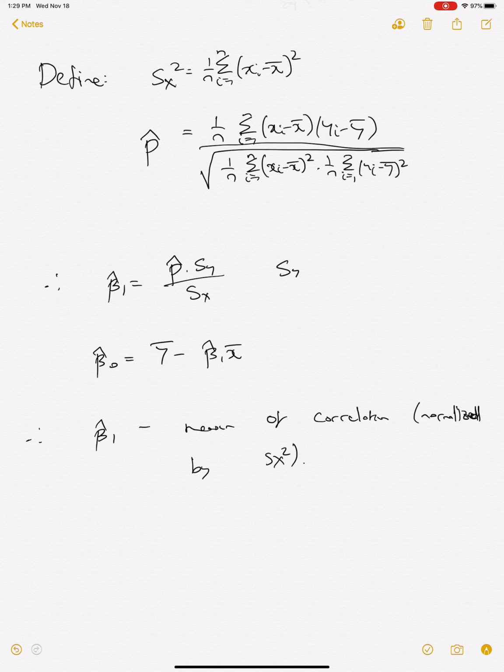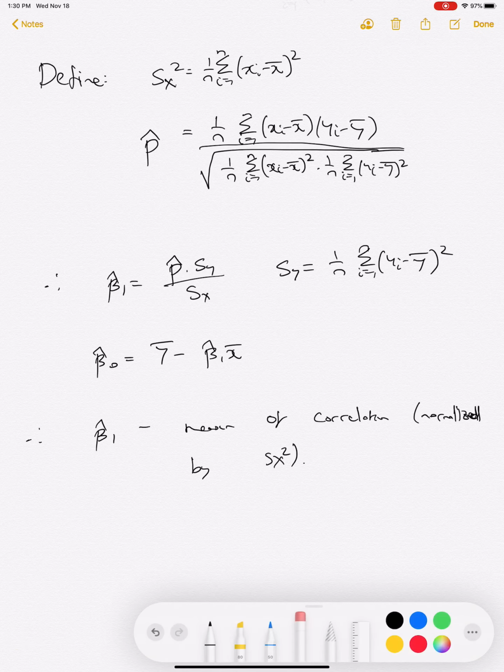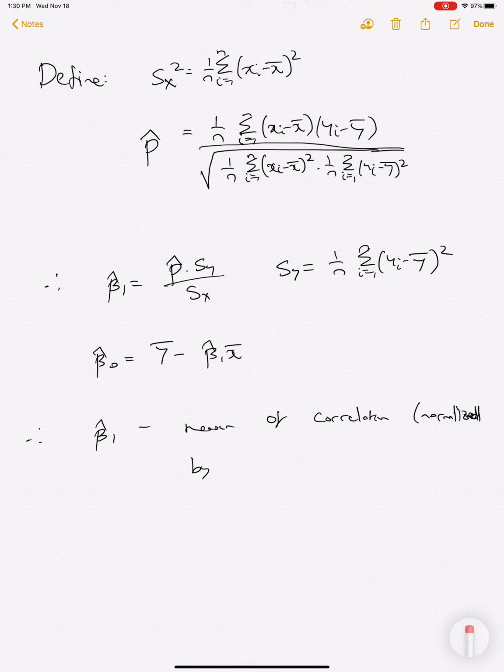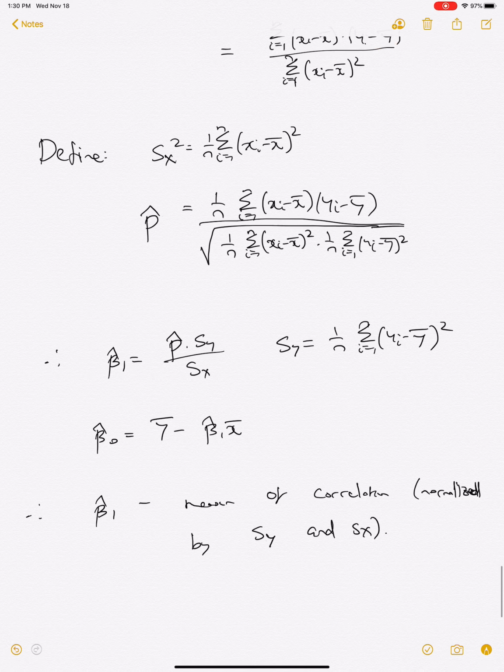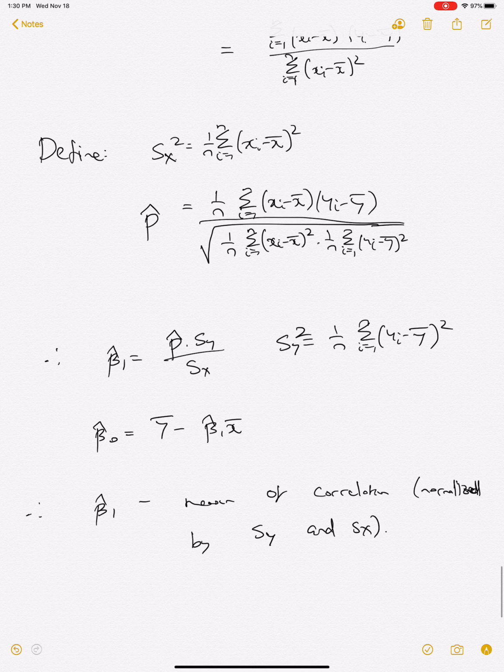So sy squared here is equal to 1 over n times the sum of yi minus y bar squared. So this is what our regression coefficient looks like. It's just going to be the rho hat normalized by sy and sx. So this is what sy squared looks like.